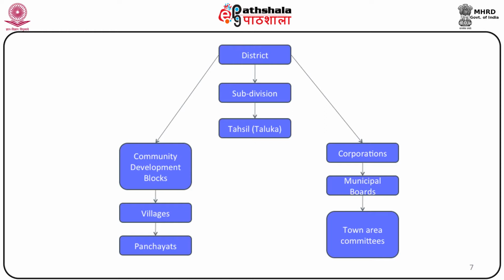They are helped by the community development blocks and the corporations. The corporations will of course be closer to the urban areas, and the community development blocks will be in the rural areas as you move out in the district. These community development blocks have the villages and their panchayats, whereas the corporations have the municipal boards and the town area committees.